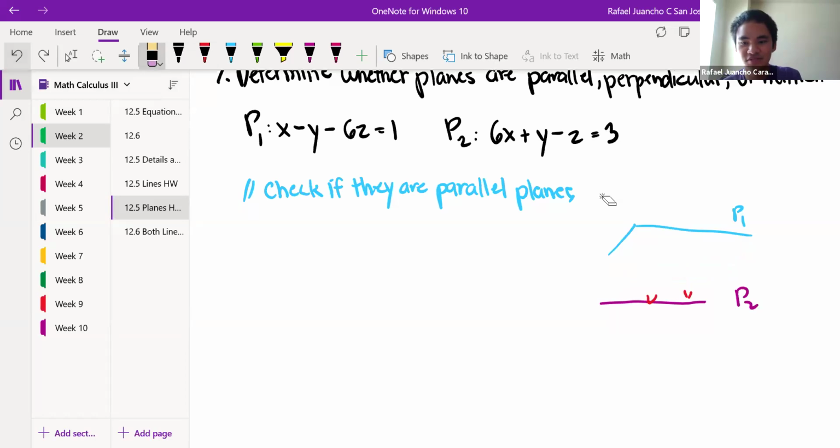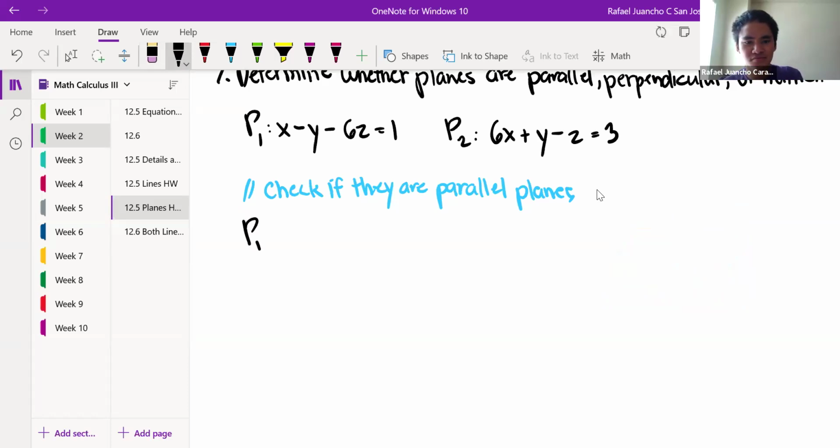If you look at their normal vectors, they should be equal, or not necessarily equal, but pretty much the same even with scaling. Because if you scale one of them, you're just making the vector longer. But otherwise, if they have the same direction, it means they're parallel. So that's what we want to look at.